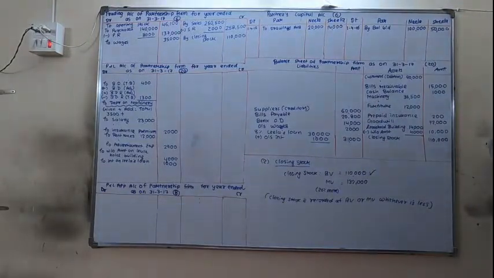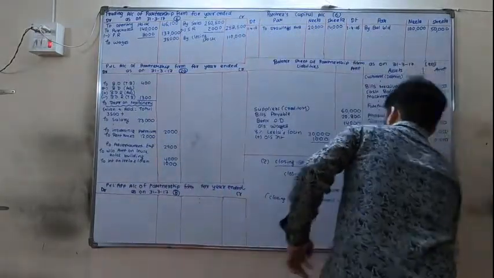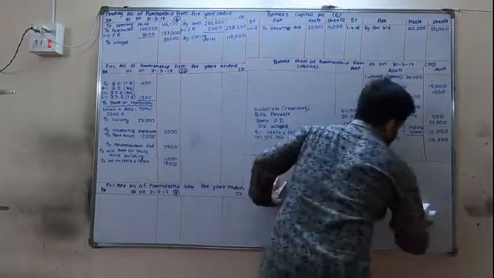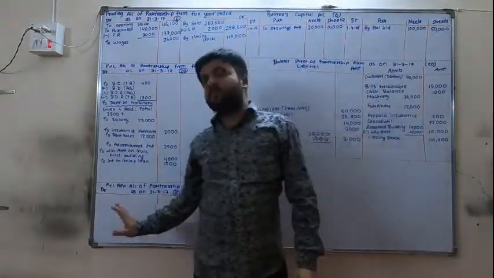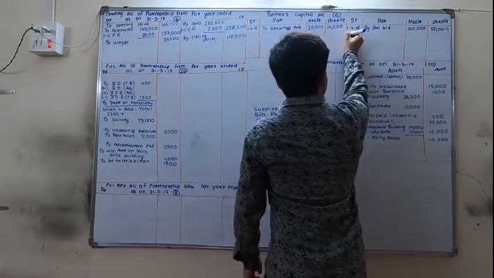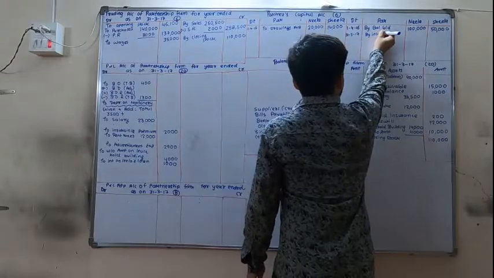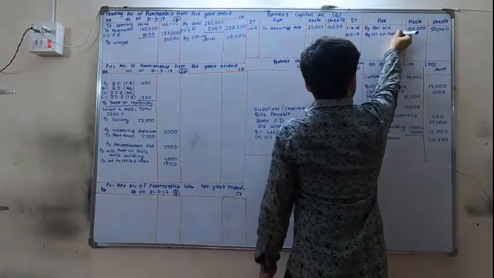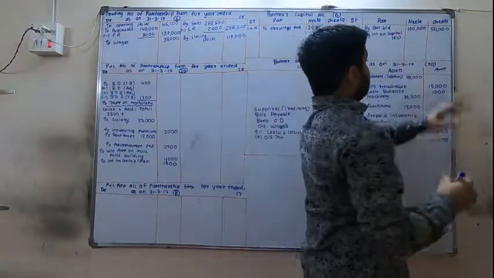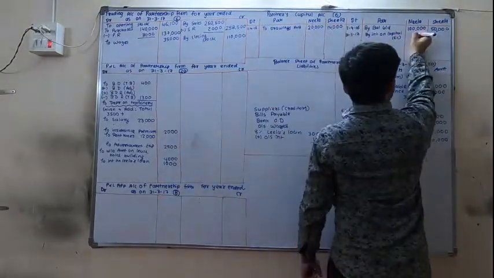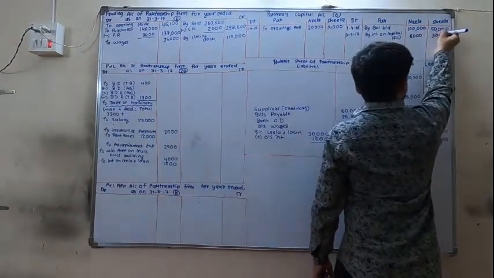6% interest is payable on partner's capital. Now, interest on capital. As capital is credit, interest on capital is also credit here and debited to the appropriation account. So on 31.3.17, to interest on capital, 6% is to be taken. So 6% of 1 lakh is 6,000, and 6% of 50,000 is 3,000.